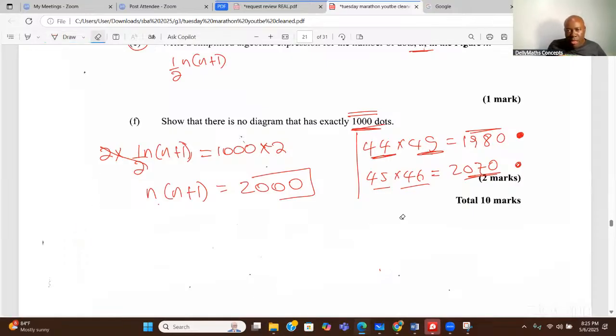Everybody good with that? But at the same time, you would have needed to see the fact that a number multiplied by the next number beside it always produces the dots. That's what we're noticing, so we use that idea to fuel the responses.